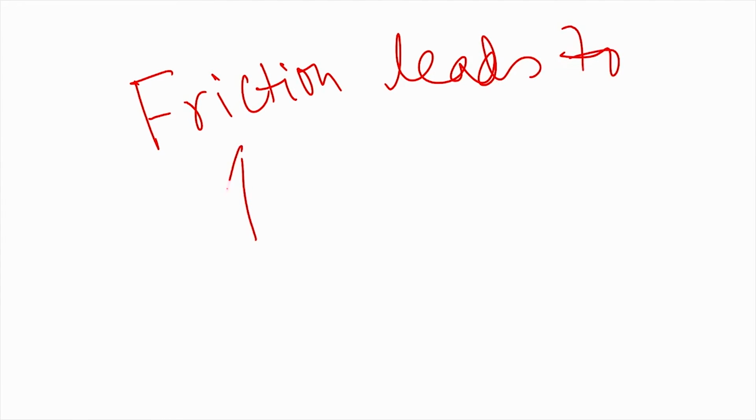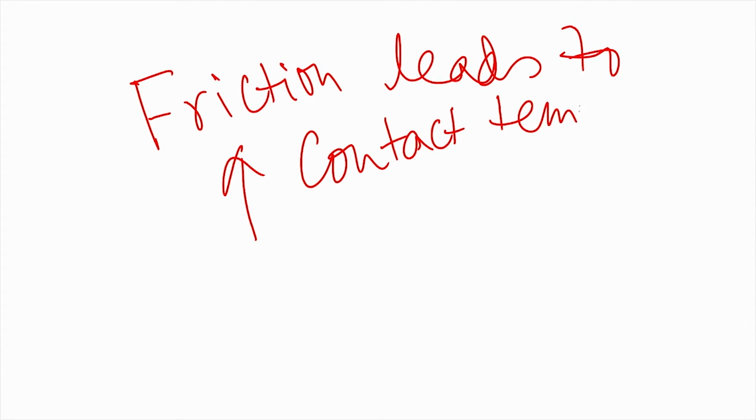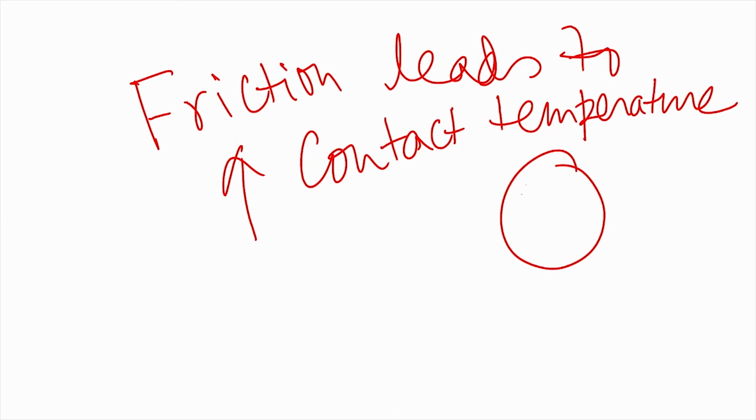One of the things that I will carry forward in the next lecture is that because of the continuous rubbing, friction leads to an increase in the contact temperature. This contact temperature is very important, because although you are doing these experiments at room temperature, this is a ball and flat.